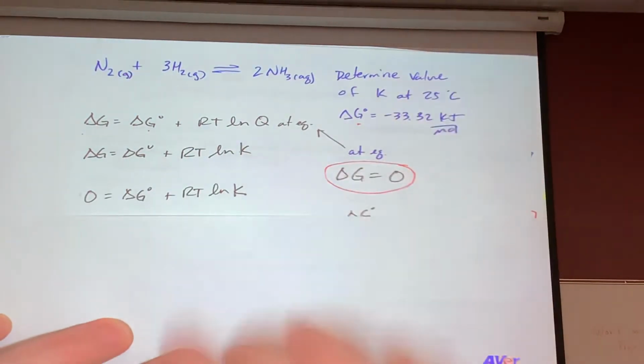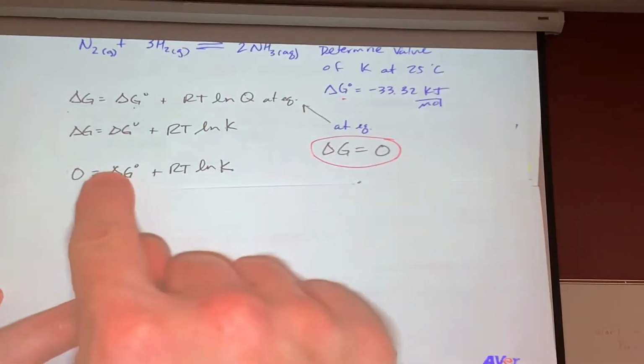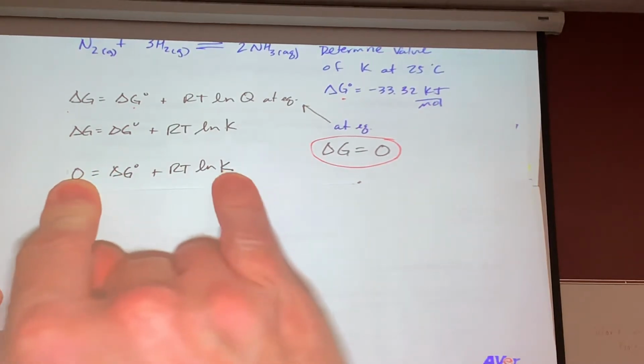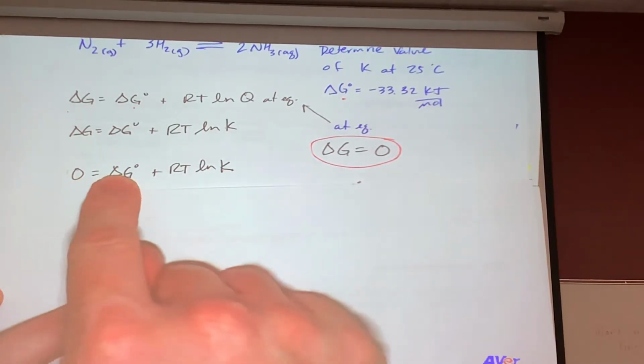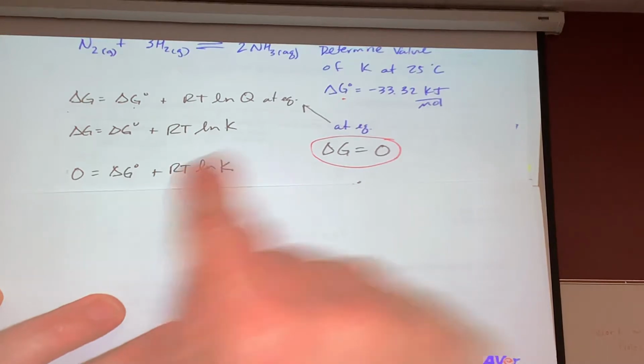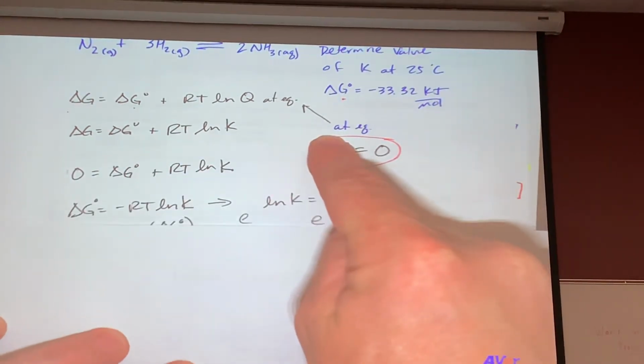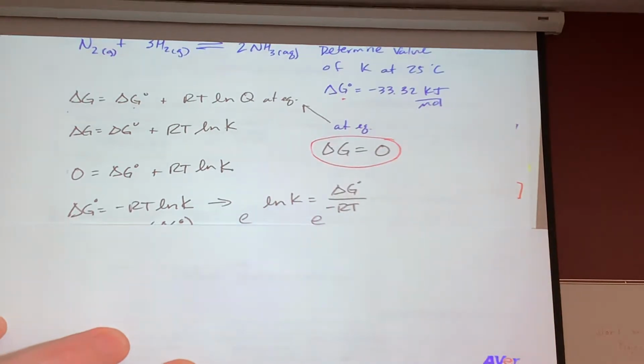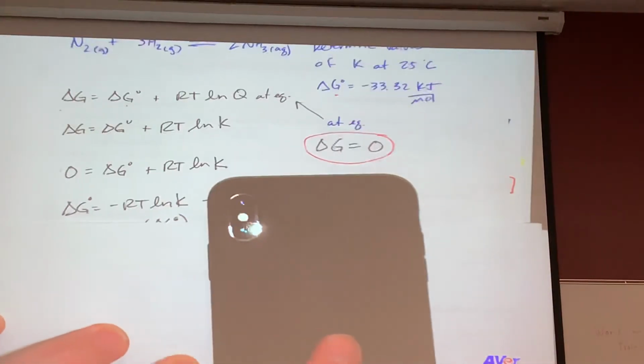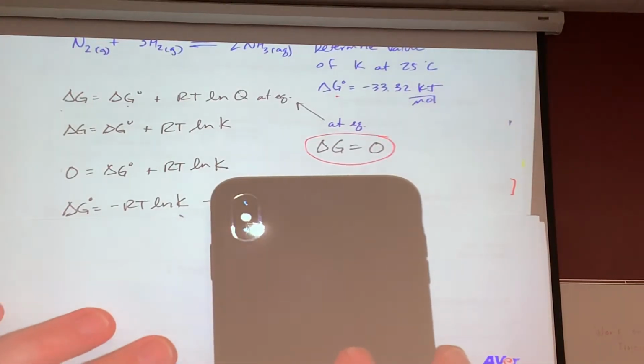That lets you write this: delta G naught plus RT ln K. This gets rearranged into that form. And all I do is subtract RT ln K from both sides.